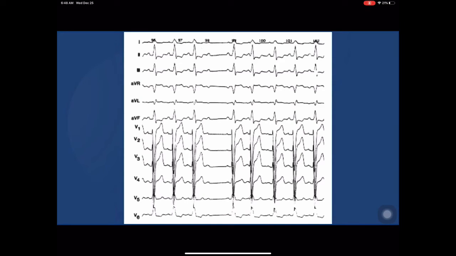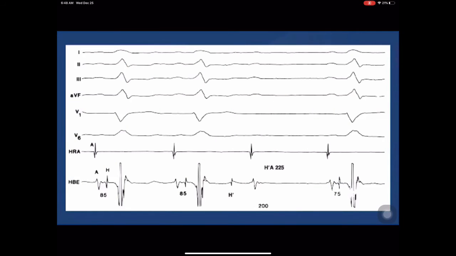So if you have manifest junctional premature beats, what if you had a concealed premature beat, like this, right here, okay? And we studied this person because nobody believed me, to be frank with you. I said we ought to just monitor the person, and in fact, during monitoring, this person had nothing more than probable vagal-induced syncope, and we never did anything with him.